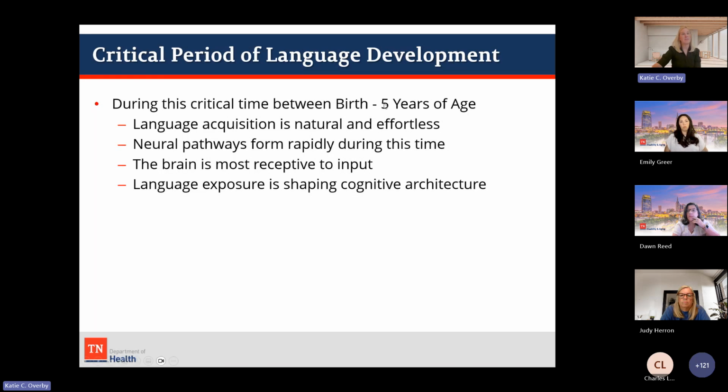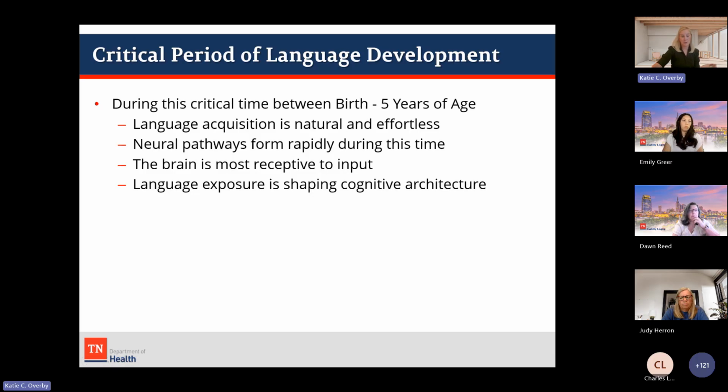And I think it's interesting that lately you all have pushed TEIS, kind of the extended version, out to 5 years old, because that correlates so nicely with the research of that birth to 5 timeline, that the acquisition of language is going to be natural and effortless.